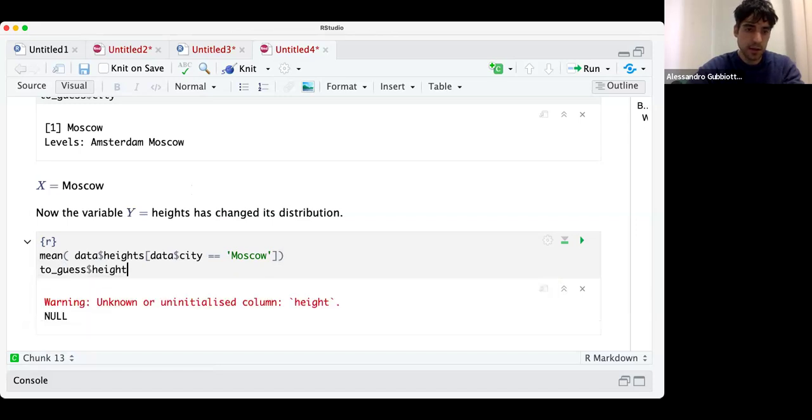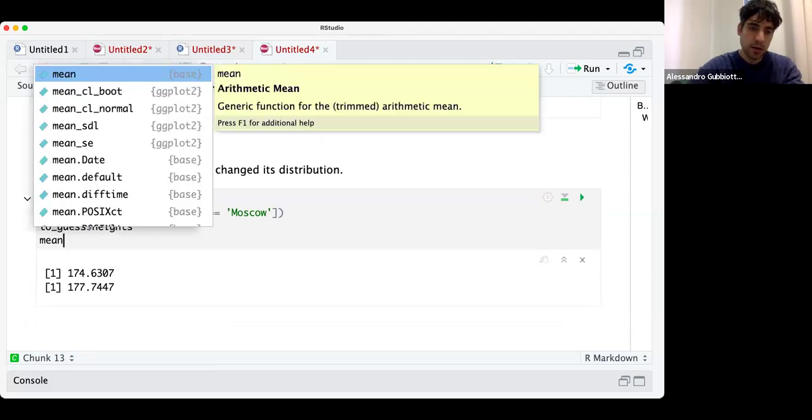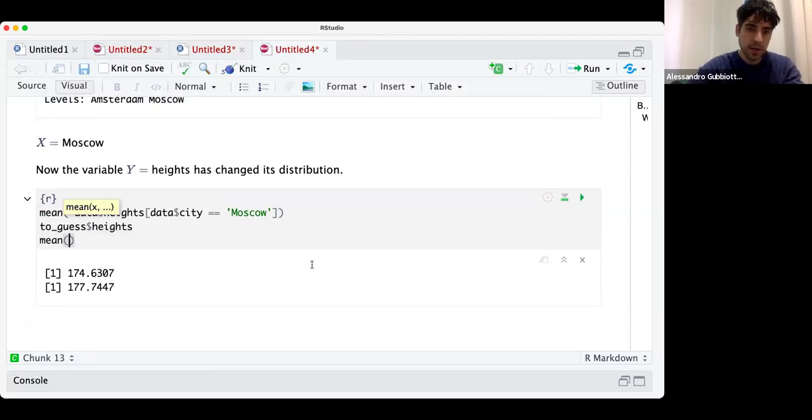Let's also see the total mean. Okay, in this case, it's not better than the guess we would have done without knowing the city. But it's a case.